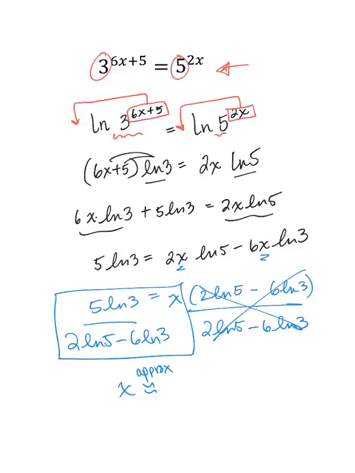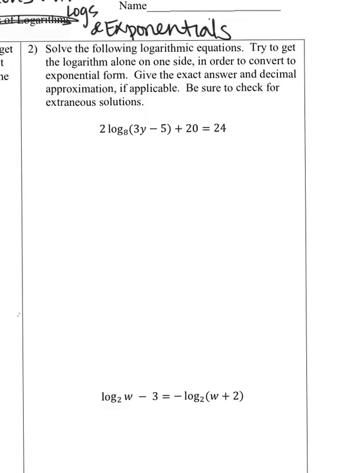All right, so for this next equation, what we want to be able to do is get a logarithm on one side. So we have a single log right here. In order to do that, let's try and move some things around. We're going to first take away the minus 20.